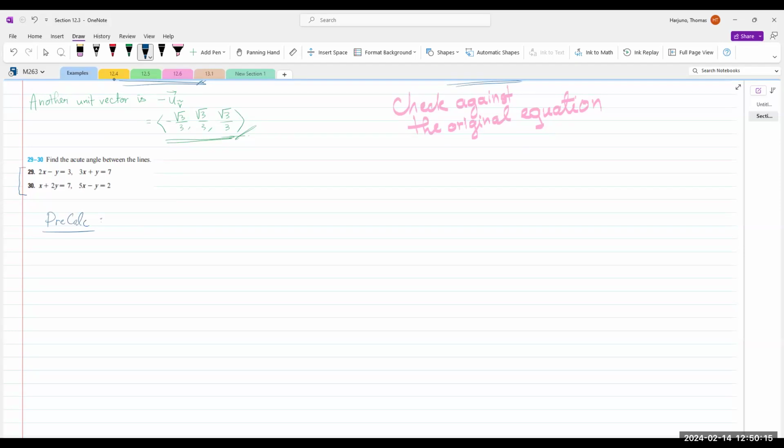What we do is solve each equation in terms of y, and then we look at the slope. So the first equation is y equals 1/2 x plus 7/2. The second is 5x minus 2. Now in pre-calculus, we learn that the tangent of the angle is equal to the slope of the line.